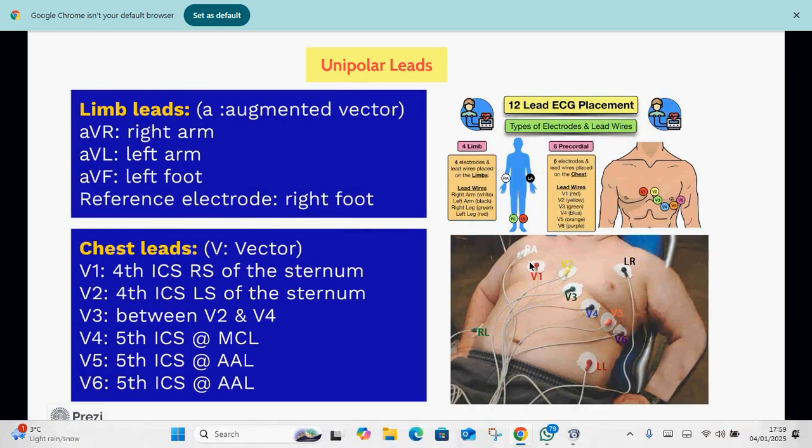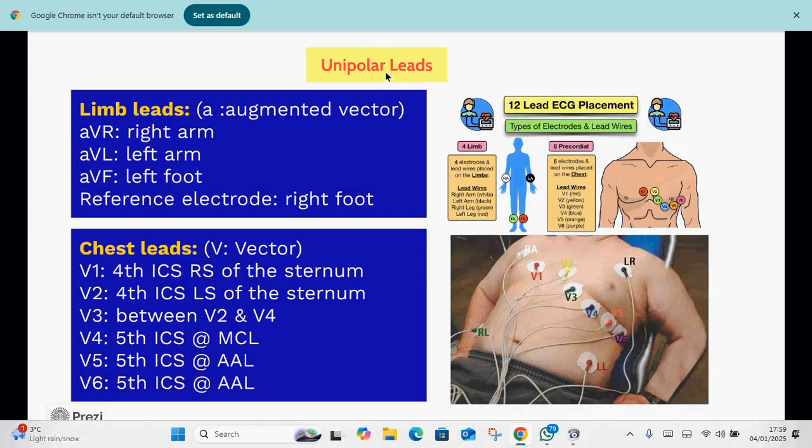So the limb leads are called AVR. When I say RA here, I'm not talking about the lead, I'm talking about the electrode, okay? But the lead is called AVR. Then the AVR lead is between the RA electrode and RL electrode.